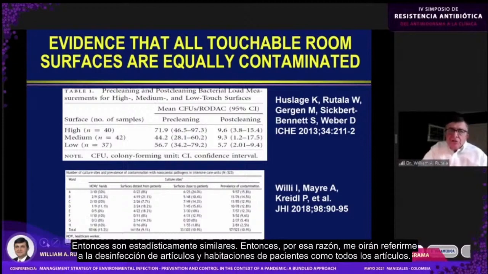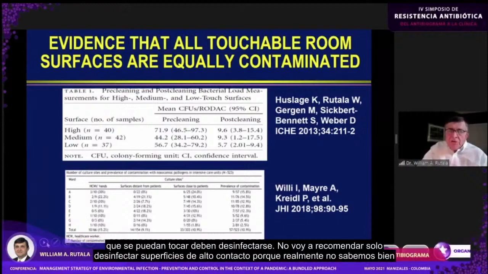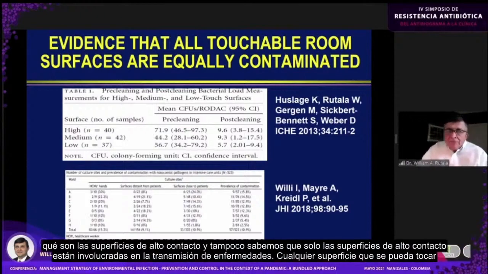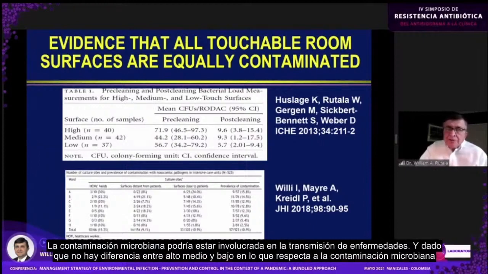So for that reason, you'll hear me refer to disinfection of items in patient rooms as all items that are touchable should be disinfected. I am not going to recommend only disinfecting high-touch surfaces because we really don't know well what high-touch surfaces are. And also, we don't know that only high-touch surfaces are involved in disease transmission. Any touchable surface that is microbially contaminated could be involved in disease transmission.